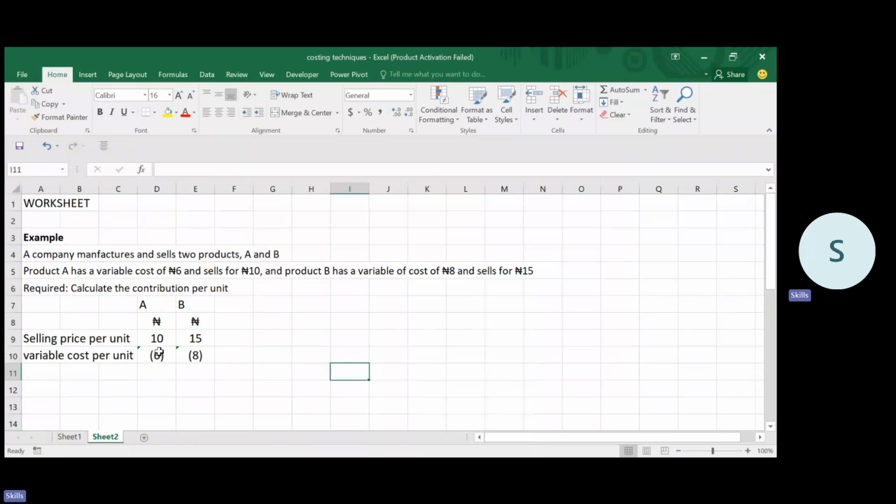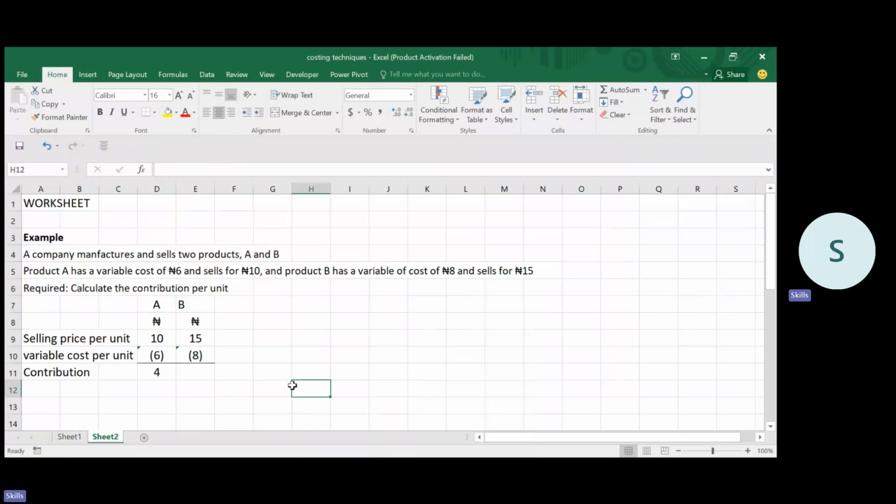So now, 10 naira minus 6 naira will give us 4 naira. Whatever we get here will be the contribution, because contribution is the difference between the selling price and the variable cost. So for product A, the contribution is 4 naira.